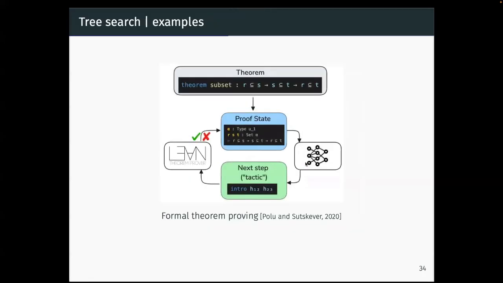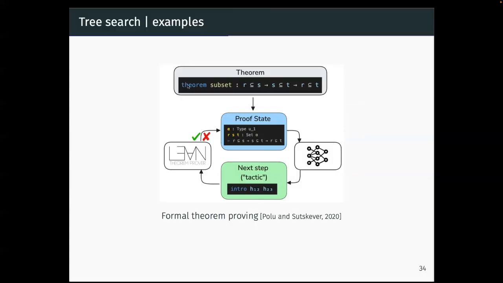Now, the key with these tree search methods is that you have to be able to decompose the task into this kind of tree, and then you often need really good scores for the intermediate states. So it is tricky to incorporate tree search into general tasks, or tasks where you don't have a good scoring function. Two different areas where they are being explored: one is called formal theorem proving.